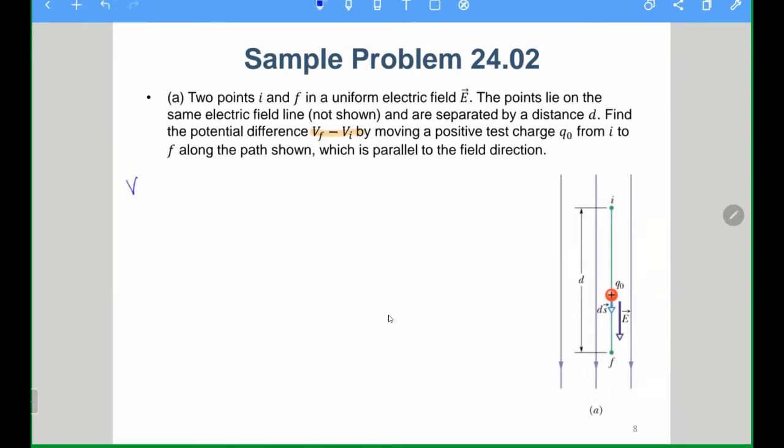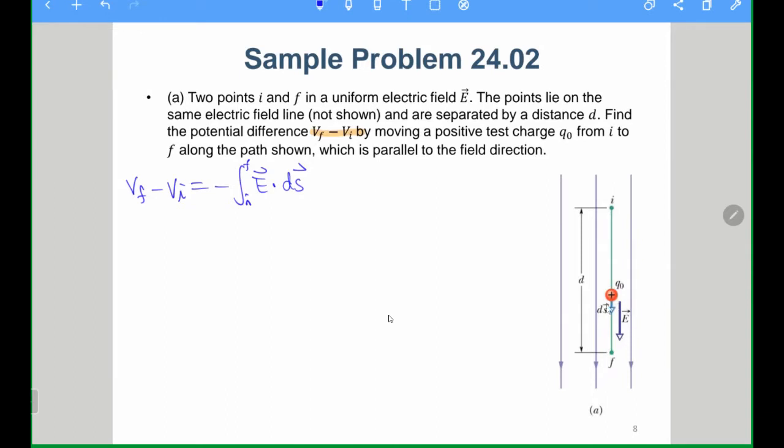So VF minus VI equals negative integration of E dot ds from I to F. Here the E field is pointing downward, and the path is from I to F, which means ds is all the way pointing downward.